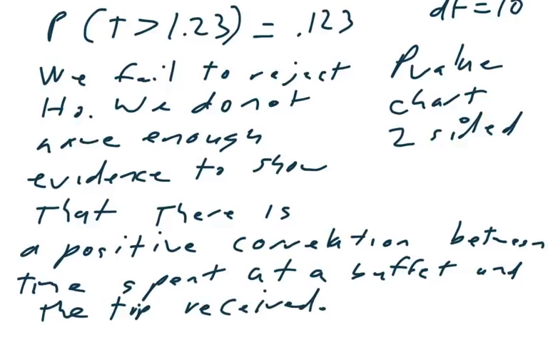And so those are the conclusions that we have. Either there is going to be a correlation, or when we fail to reject, we don't have enough evidence to show that there's a correlation.